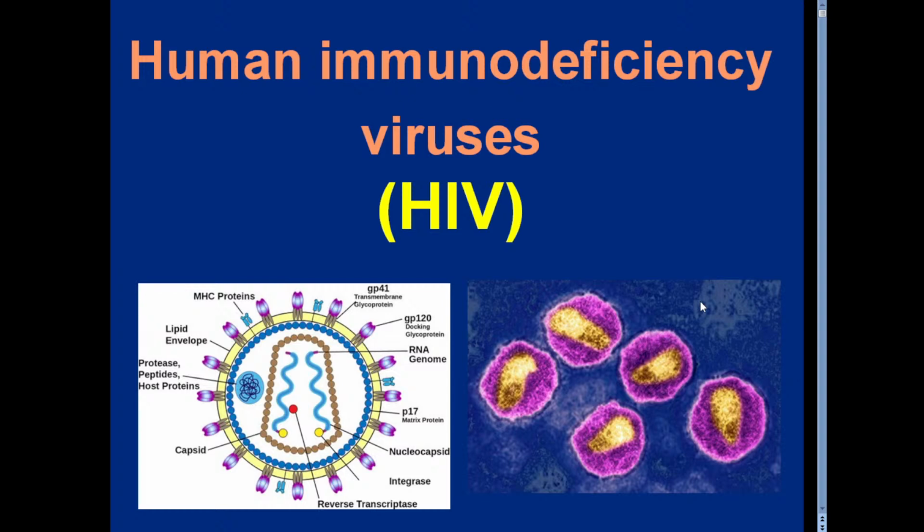Our lecture today topic, we start a special microbiology, and today topic is the human immunodeficiency viruses, HIV viruses. For the beginning, let's repeat what these viruses are. Viruses are unique microorganisms which don't have cellular structure.